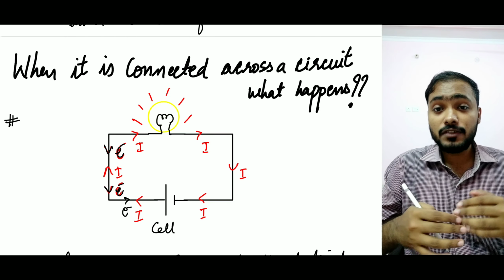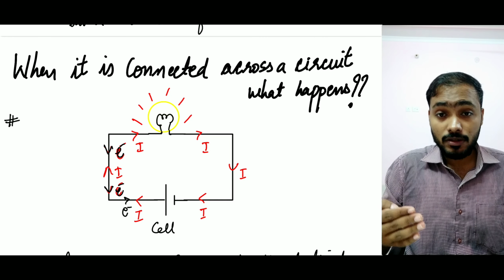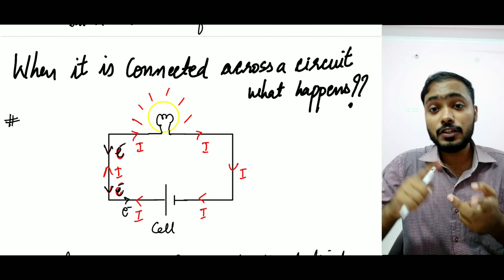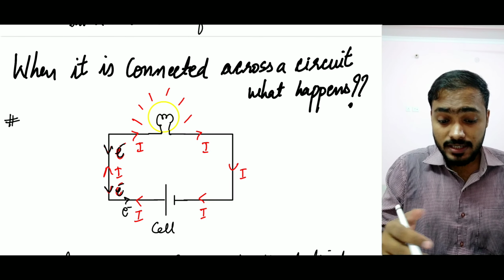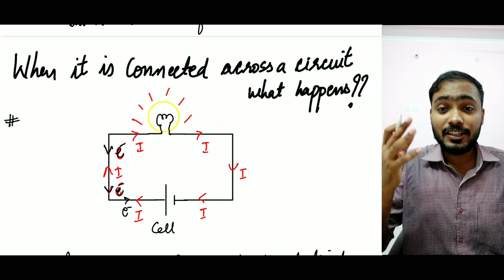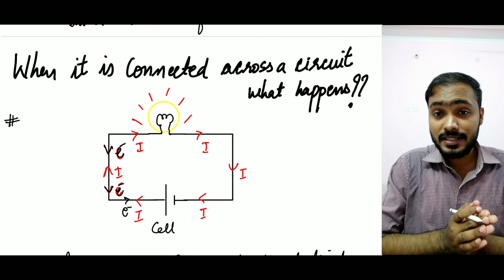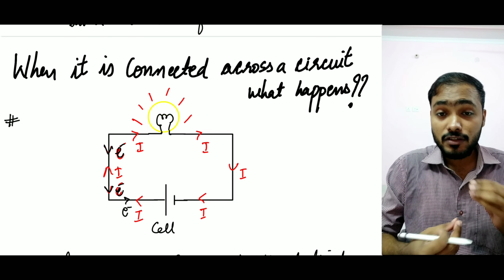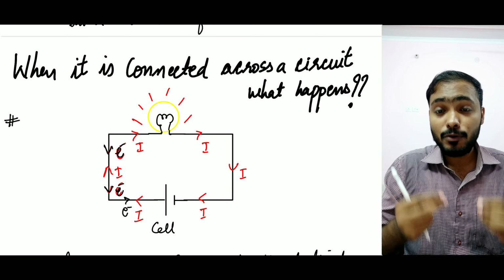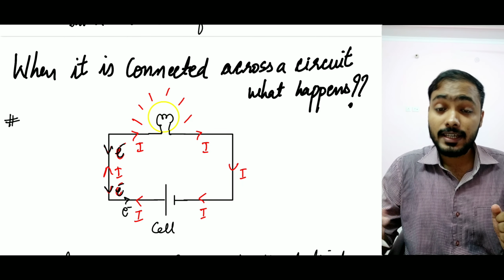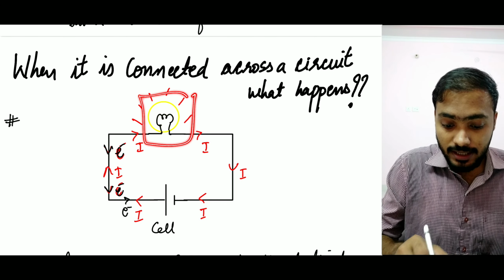Two functions. First of all, what is a cell? A cell is a single power generating unit which converts chemical energy into electrical energy. If you connect a cell across a circuit, it maintains a constant potential difference across the terminals, because of which electrons move. Secondly, the cell provides energy to the electrons so they can spend it on the different electrical elements connected to the circuit.